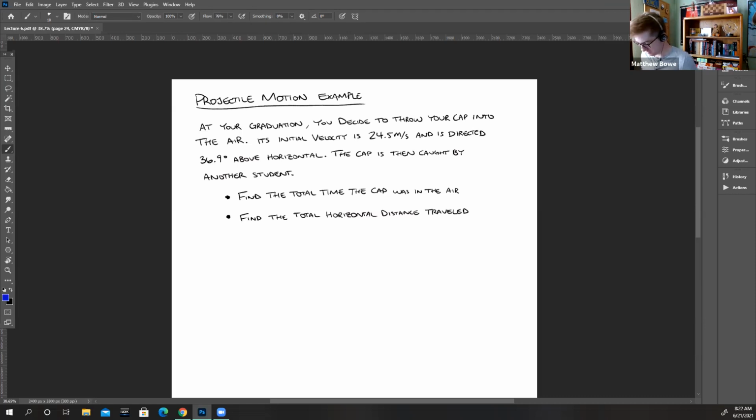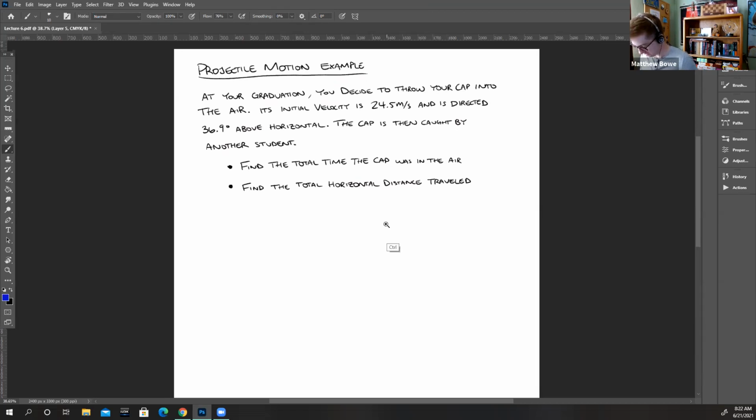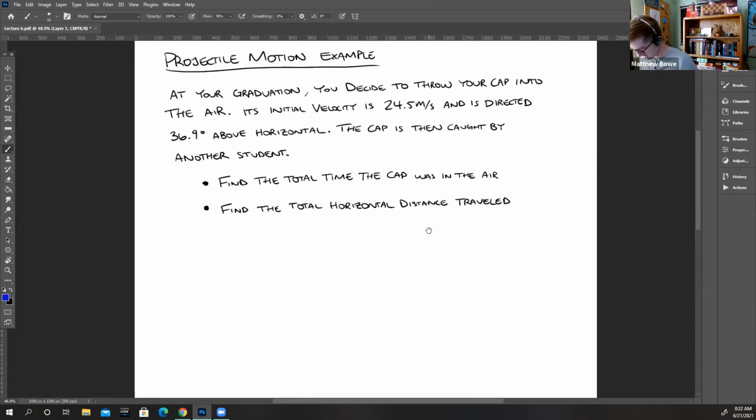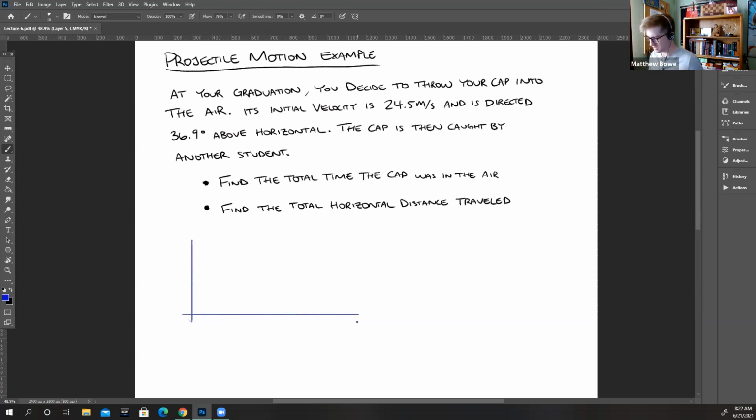So something I like to do is to always start with a picture so I have a clear view of what I'm trying to accomplish. So we have this sort of coordinate system, and it's easy to just make the initial positions 0 for anything if it doesn't give you a value already. So I'm going to make the origin right here in the center the initial position.